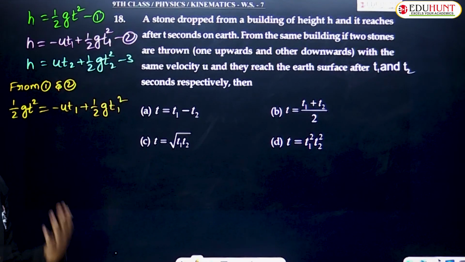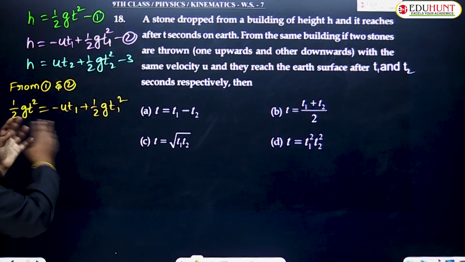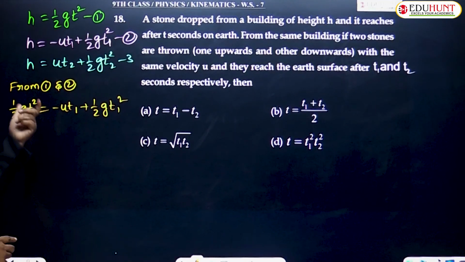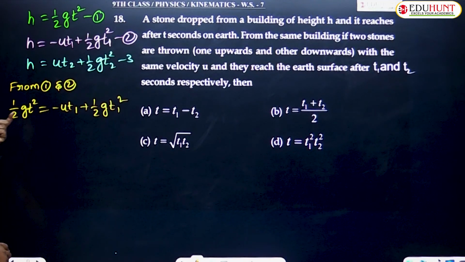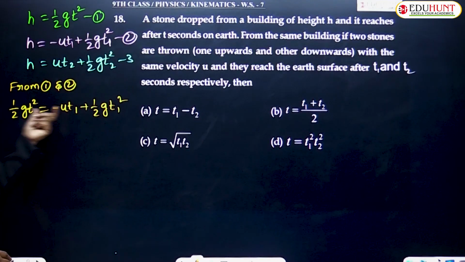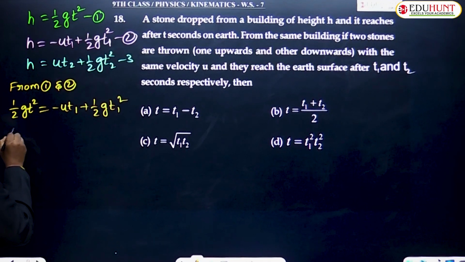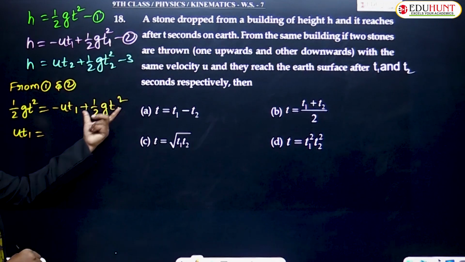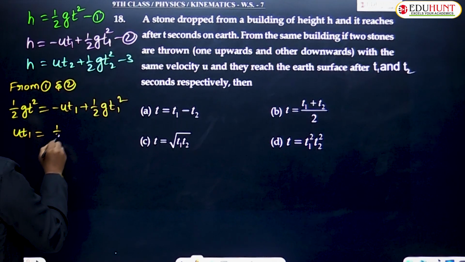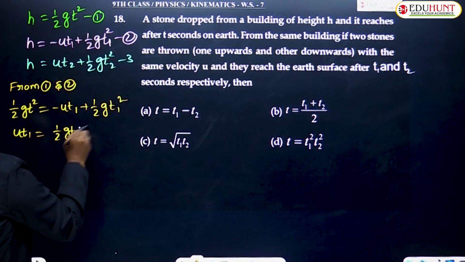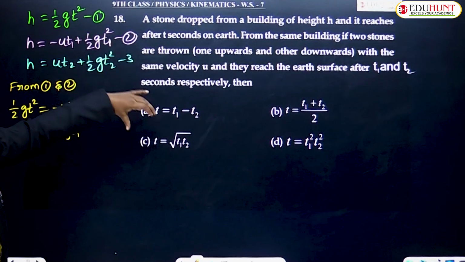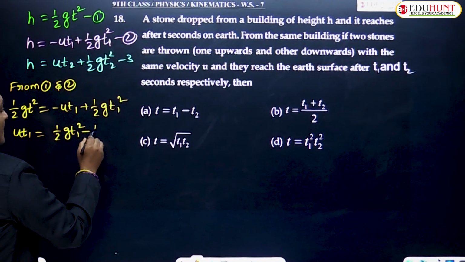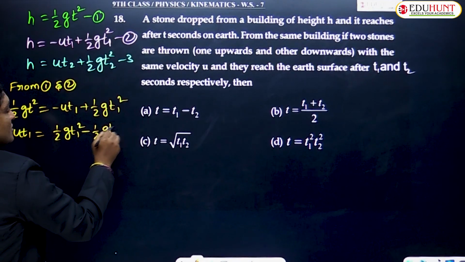It's clear, children? So now let us arrange the terms in a proper way such that some common factors we may get. So what I do is I'll bring minus ut1 to the left side. If minus ut1 is brought to the left side, it will be ut1 plus ut1 equals to. Keeping this half g t1 square as it is, bringing this plus half g t square to the other side, it will become minus half g t square.